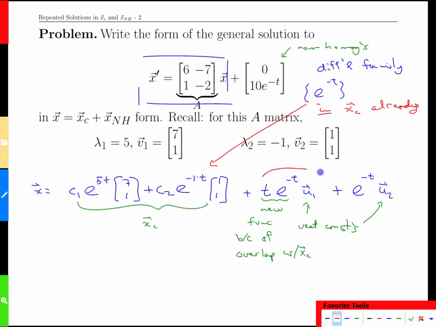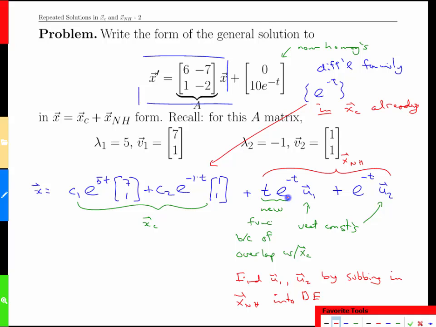And all of that together would make up our non-homogeneous part of the solution. And we would find u1, u2 by subbing in that part of the solution into the differential equation.